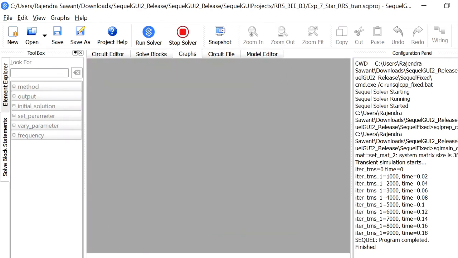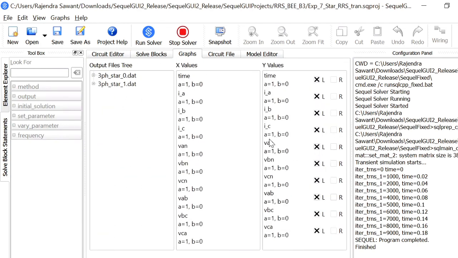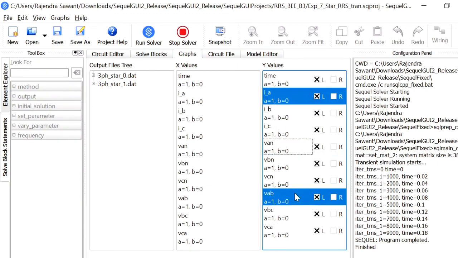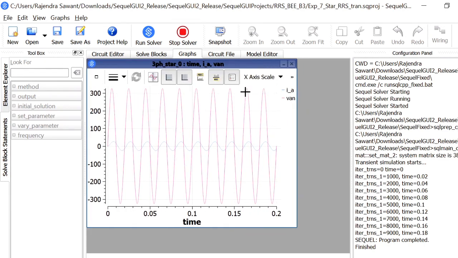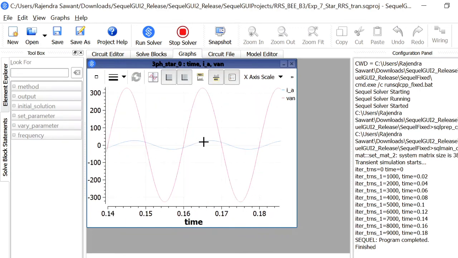Another thing is how the line current and the corresponding phase voltage look. We found that this current is very small, but it is lagging. This blue graph is the current of the respective phase voltage. VAN is the phase voltage and the respective current in the phase is IA. So this current is IA and the red one is voltage.